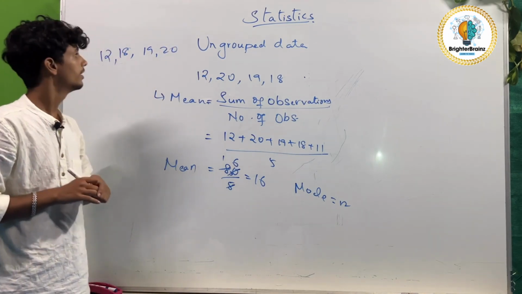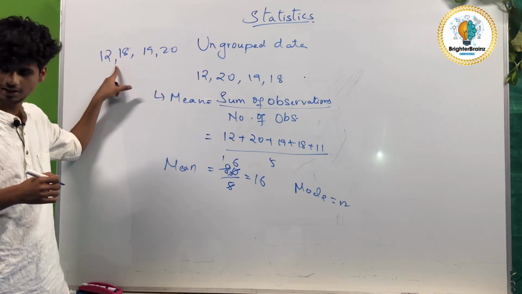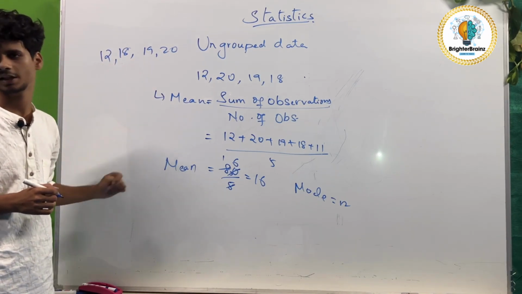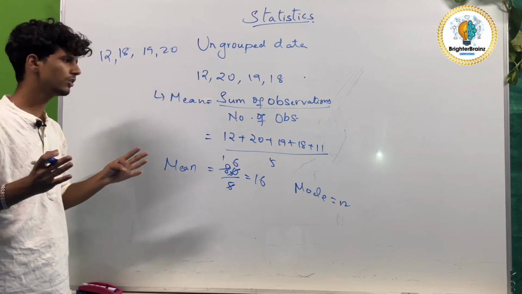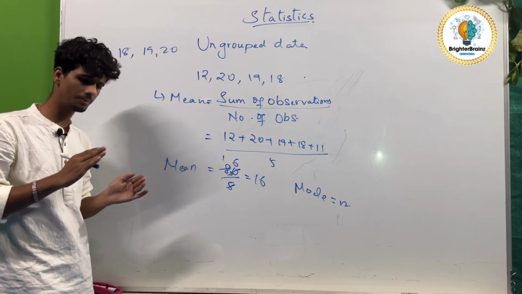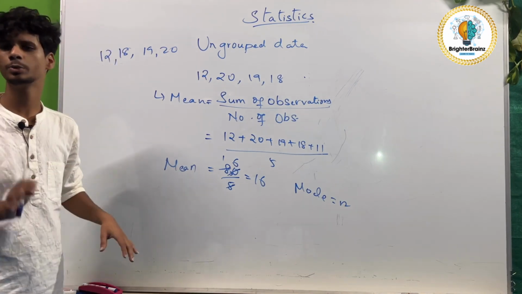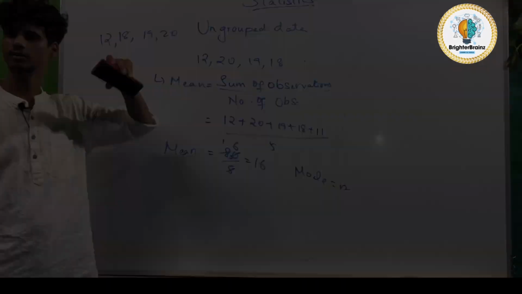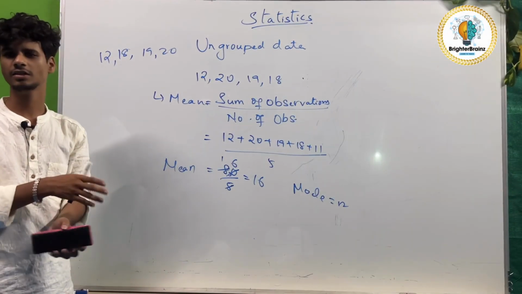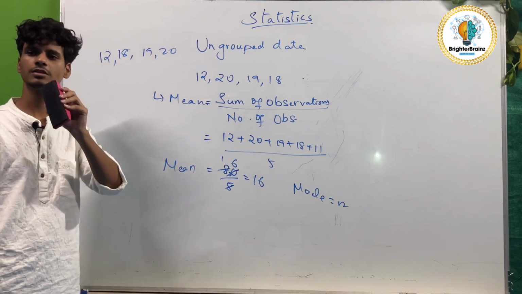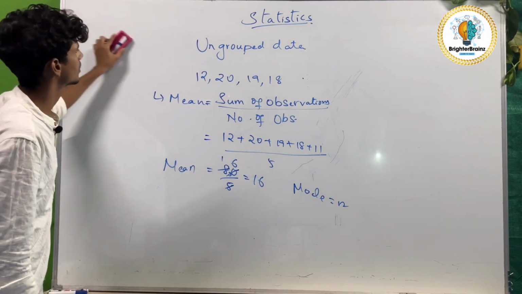For example, for 18 and 19, the average of 18 and 19 will be taken as the median. We are going to use some applications of this ungrouped data in the grouped data. We don't need to go back again, this was just a small remembrance of the concept.